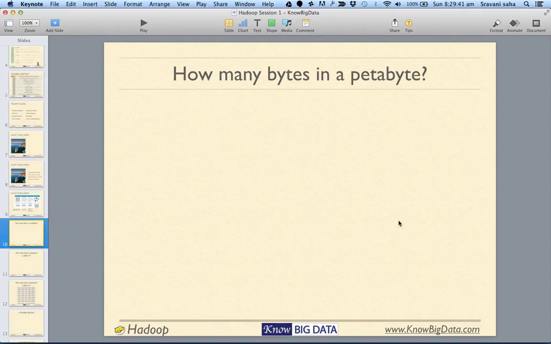Srinivas says 10 to the power 12. Srikant says 10 to the power 15. Karthik says 10 to the power 15. Great, and anybody else? Neeta says a lot. Neeta, you are being very political. Yes, Bharat?